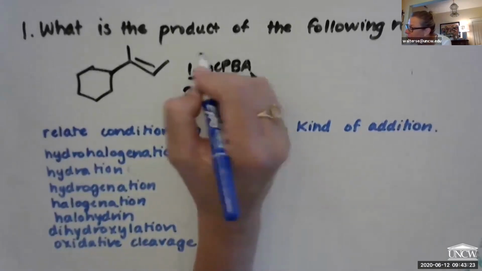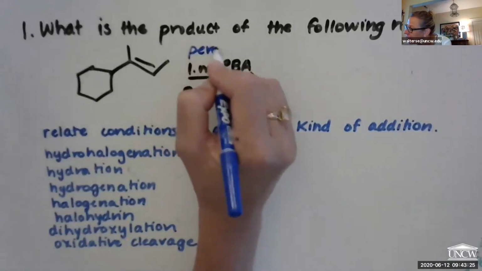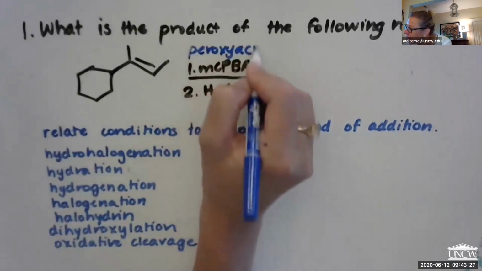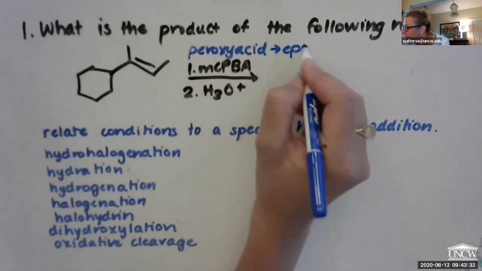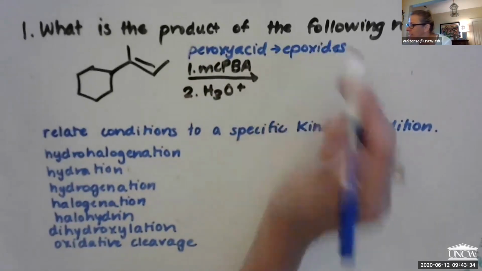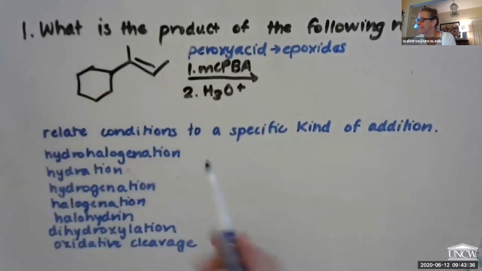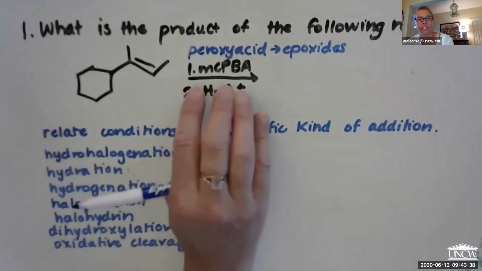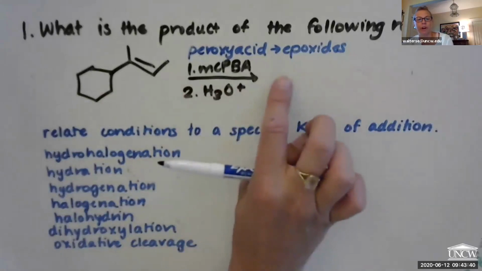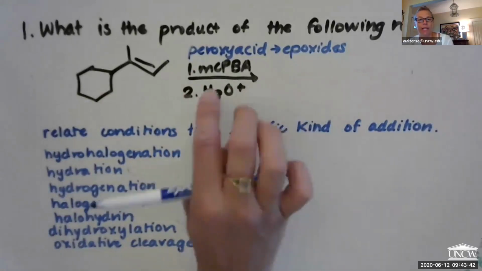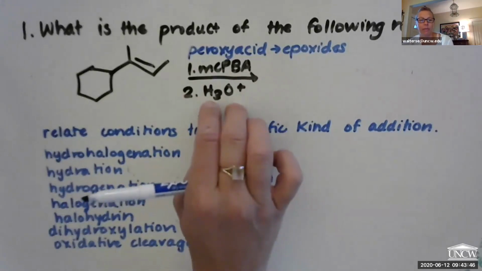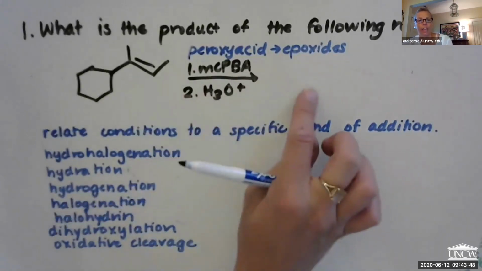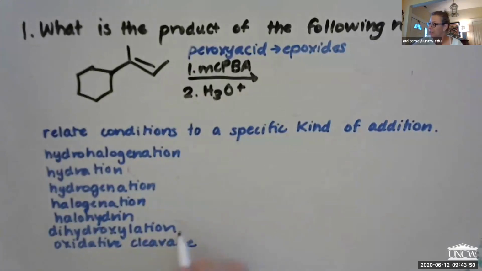This is the peroxy acid, and peroxy acids make epoxides. Without the second step listed, if it had just said MCPBA, you would have had to draw the epoxide here. But because it's MCPBA and then a second step, which is the acid treatment, you're going to go all the way to the product of a dihydroxylation reaction.